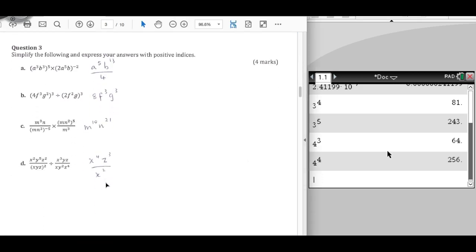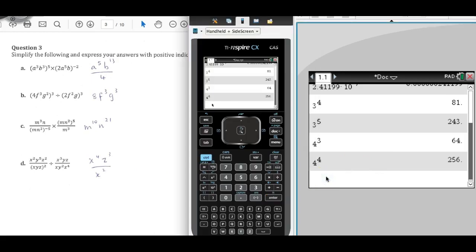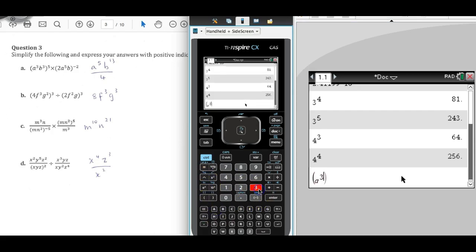Okay, let's go to question 3. And those previous ones, you could check your answer in your calculator. Okay, so question 3, you can do by hand, but you could be prone to making errors. So let's just do a to the power of 3. Make sure that your cursor goes down. B to the power of 3.